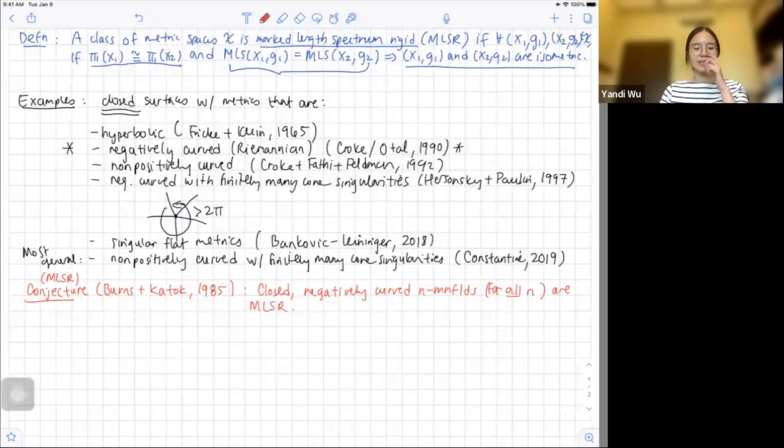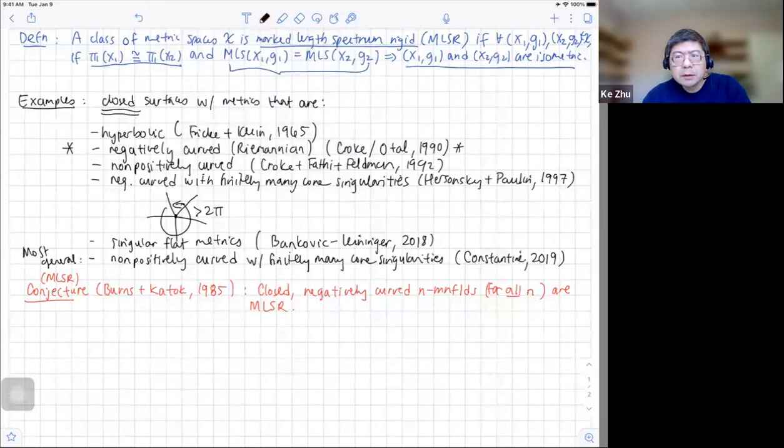So this is solved for dimension 2, but for higher dimensions it is actually open. So yeah, this is a big conjecture, and there's a lot still to be solved.